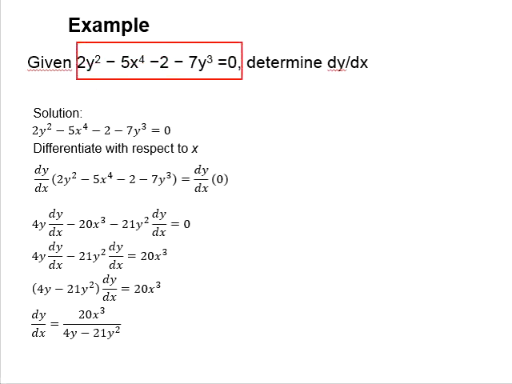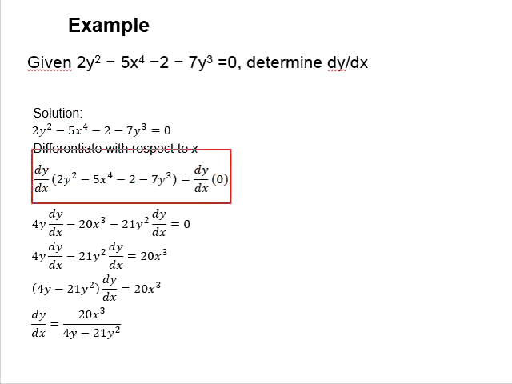This is the function. You are asked to determine dy/dx. The example is rewritten here, and to differentiate this, you have to differentiate every single term on both sides of the equation. Differentiate the first term, second term, and the fourth term.